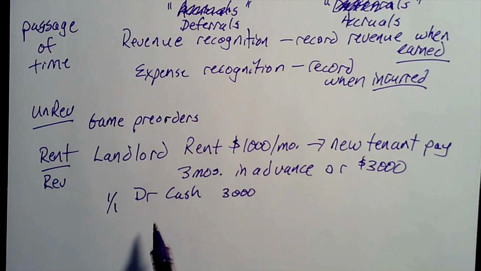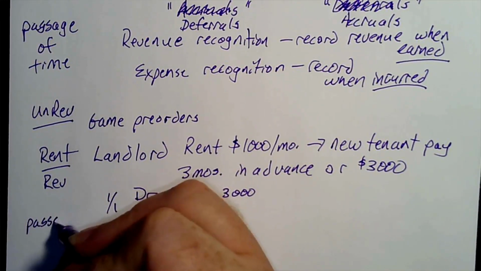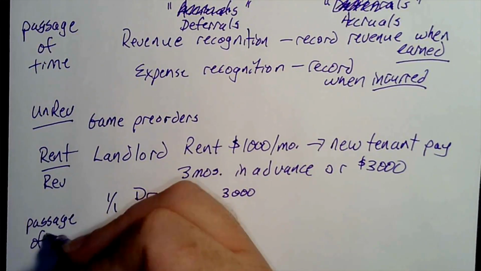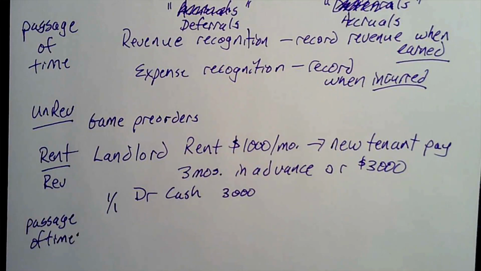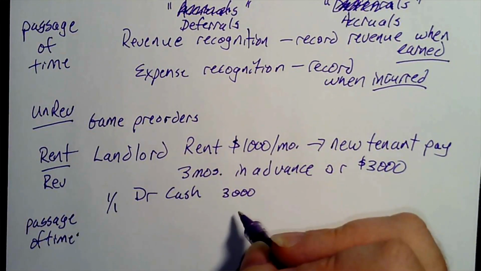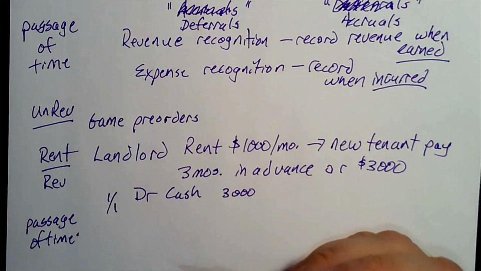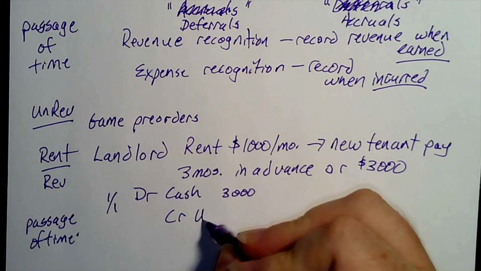Well, we basically need to let the tenant lease the space for a month. In other words, we need passage of time to happen. And remember, I said almost all of these are based upon passage of time. So until that point, we have to stick this cash in an account saying, well, we haven't earned this revenue yet. And of course, that is unearned revenue.